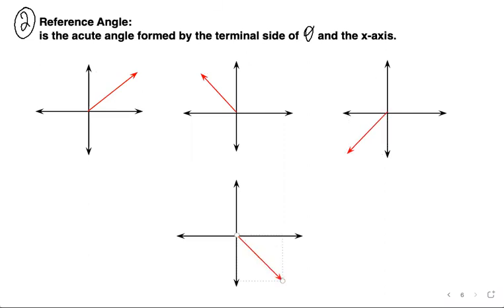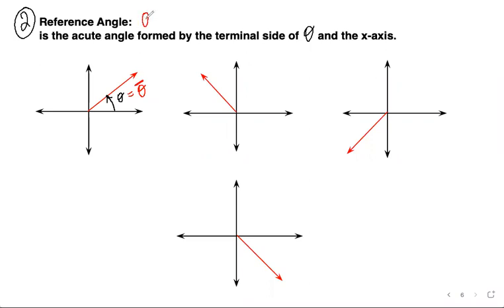First of all, this is my theta, the angle. What is the reference angle here? The reference angle is the same as theta, between the terminal side and the x-axis, and it's an acute, small angle. So theta equals my reference angle for the first quadrant.